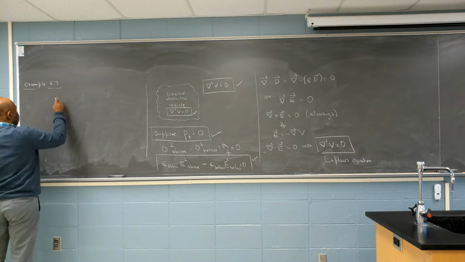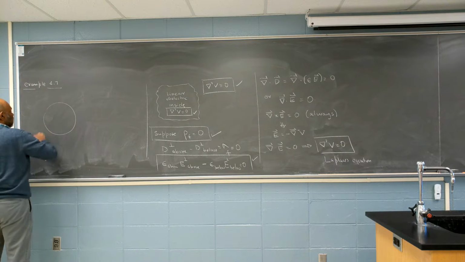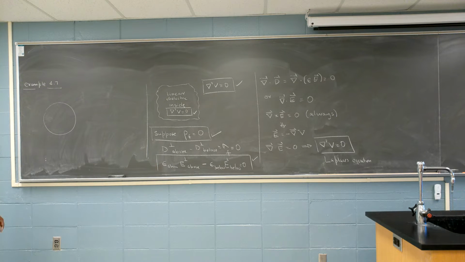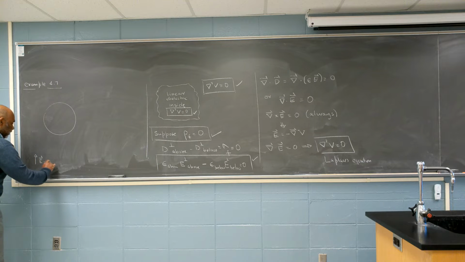So what you have here is a linear dielectric, and then you're immersing the linear dielectric in an external electric field. So there is, very far away, I should write E equals E0 z hat.